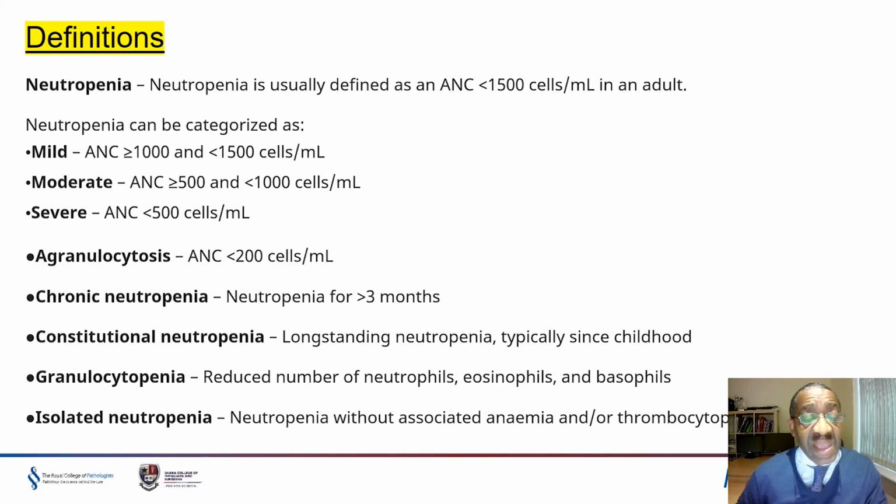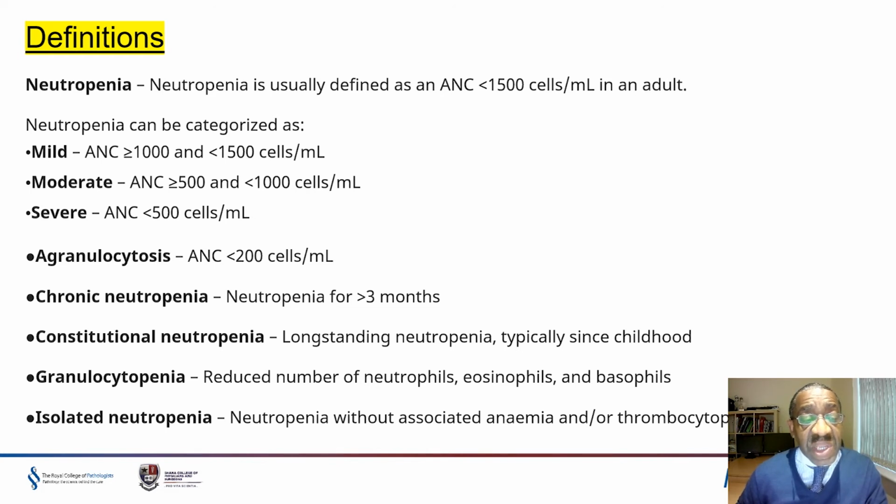Severe is less than 500. Agranulocytosis doesn't mean the complete absence of neutrophils, but it means a neutrophil count of less than 200, and this is of course associated with a significant risk of severe infection.